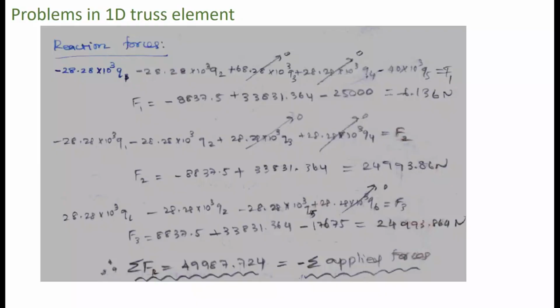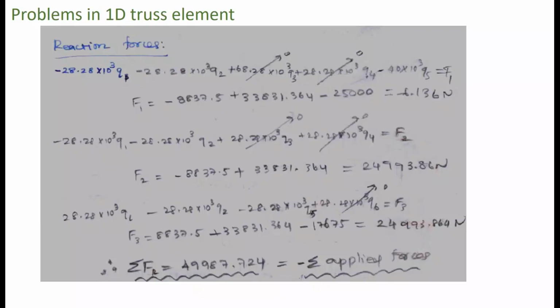Then F2 equals minus 28.28 into 10 to the power 3 times Q1, minus 28.28 into 10 to the power 3 times Q2. Based on this we can find the reaction force of node 2.